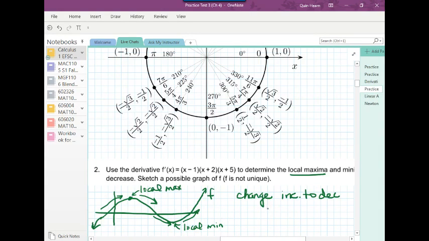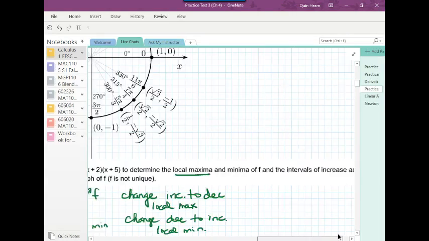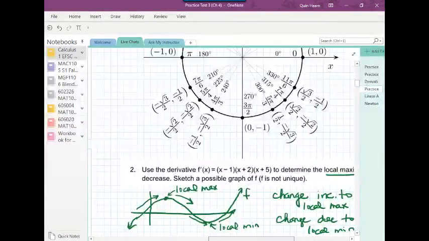It just means that you're changing from where the graph is increasing to decreasing or from decreasing to increasing. So it's when we have a change from increasing to decreasing that we have a local max.